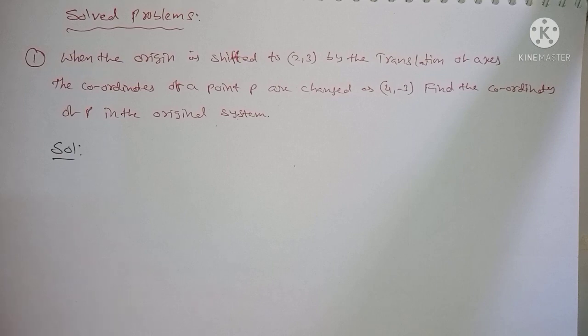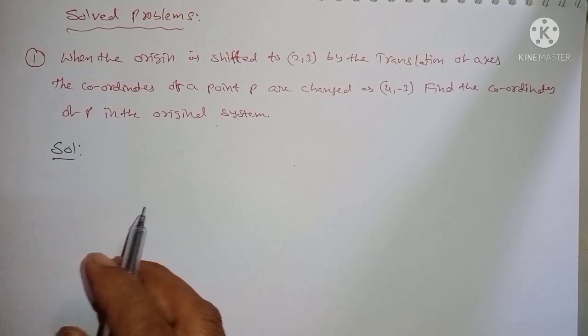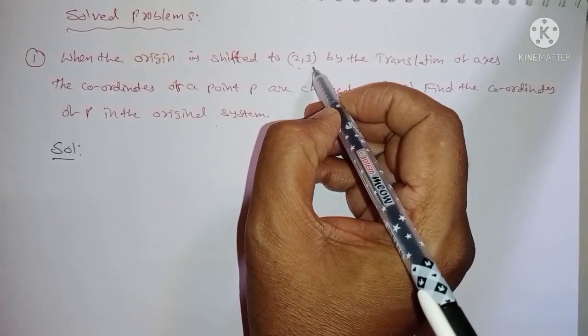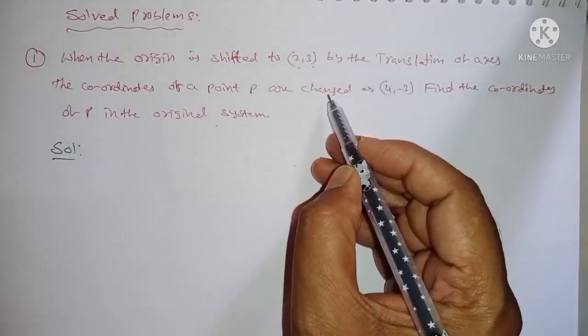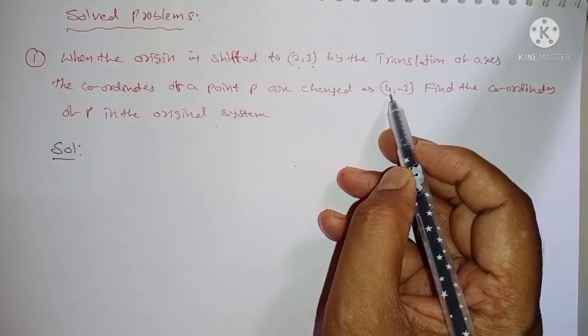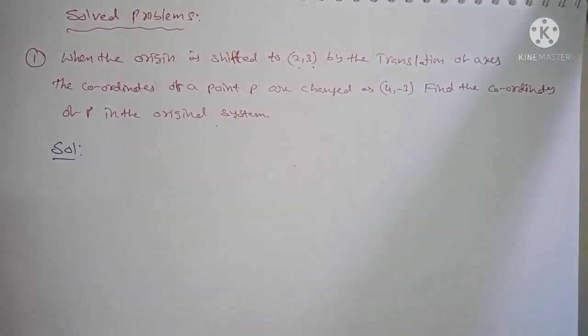First you can understand the problem. Shifted means h comma k is given, and changed axis means it is x dash comma y dash. You can find here x comma y.